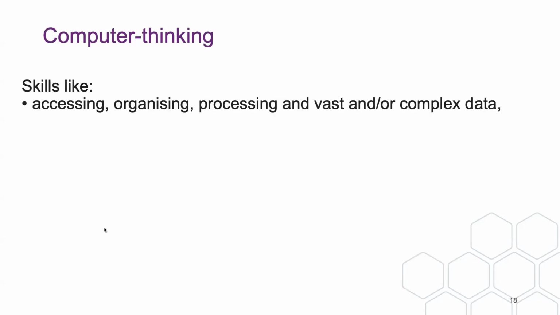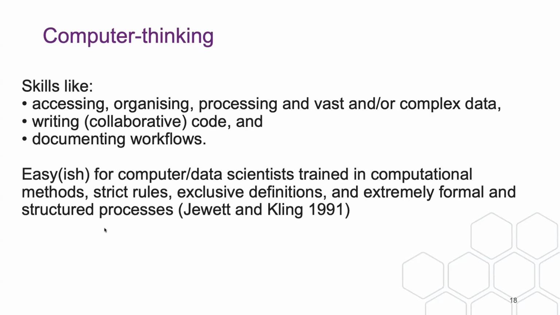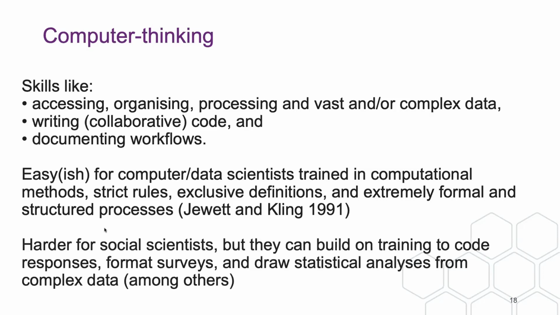You'll need the ability to access, organize, process, and handle vast or complex data. You're going to want to learn how to write collaborative code, and also how to properly document your workflow, which is often a step that a lot of people do neglect. These are going to be skills that computer scientists might find quite easy, as well as data scientists who've been trained in computational methods. But for social scientists, it can be much harder to transition towards these computer thinking skills.